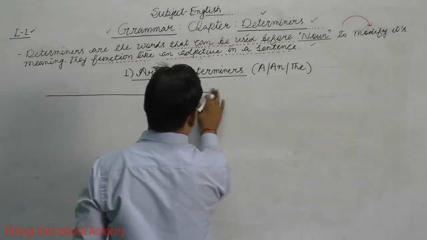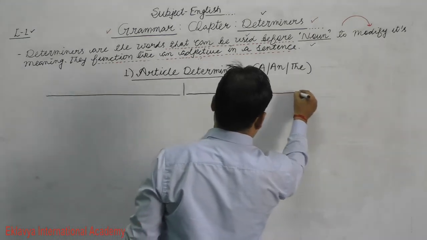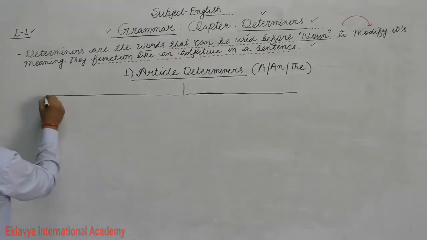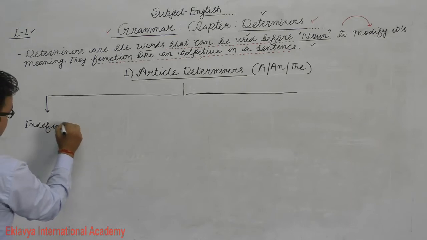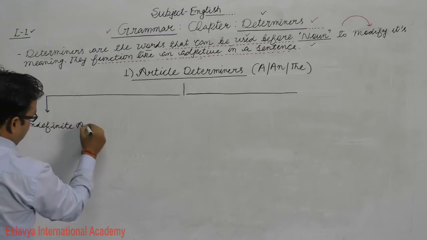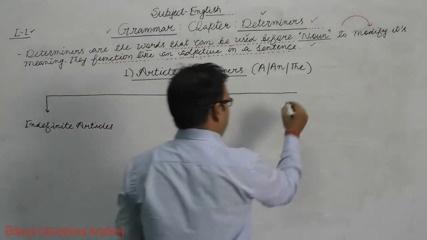Article determiners can be divided into two sections, and these are indefinite article, and here we can have the definite article.